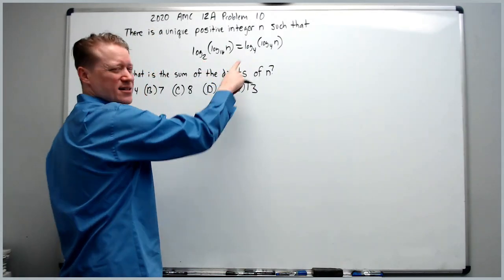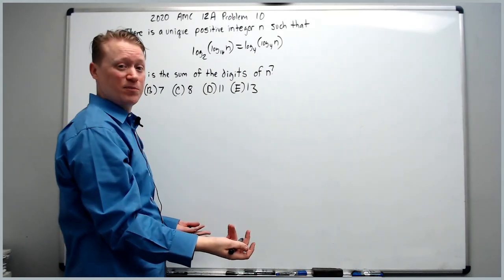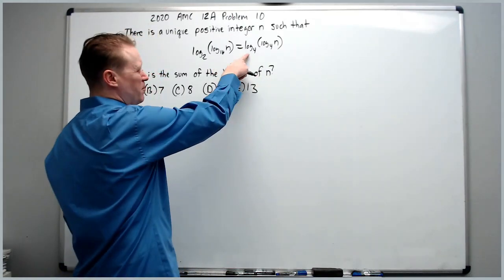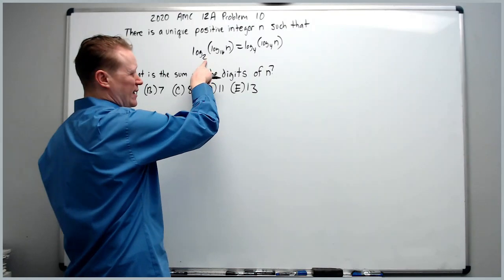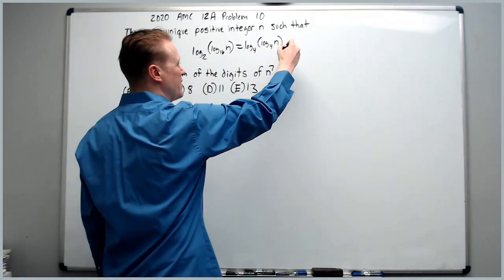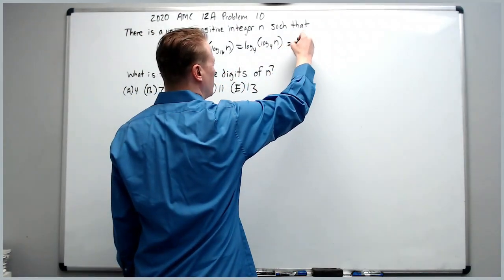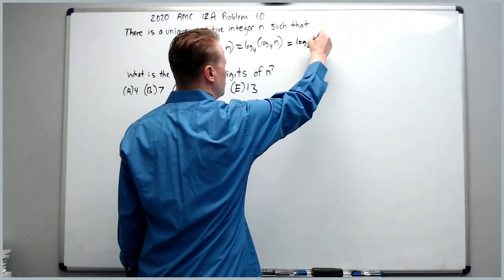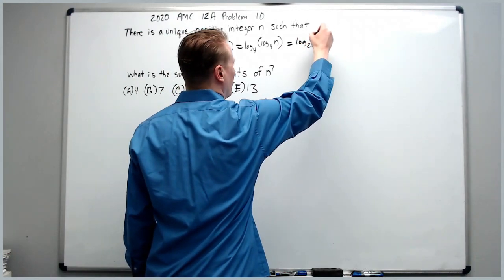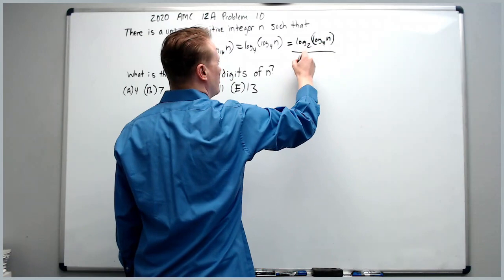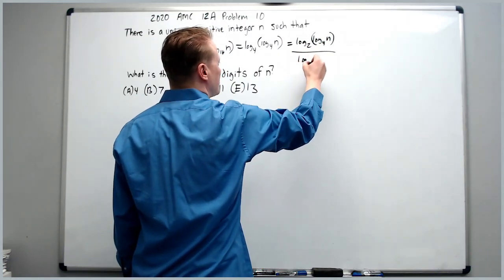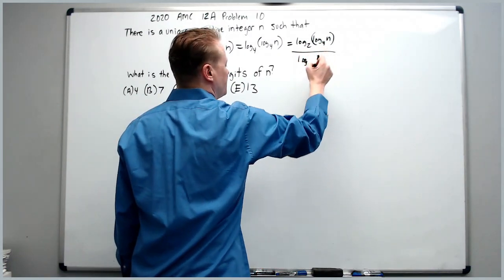I wish these were the same base. Well, then we should use the change of base formula. Let's make them both base 2. This one's already in base 2, and this one can be written that way. We can say that it's equal to log base 2 of log base 4 of n over log base 2 of 4.